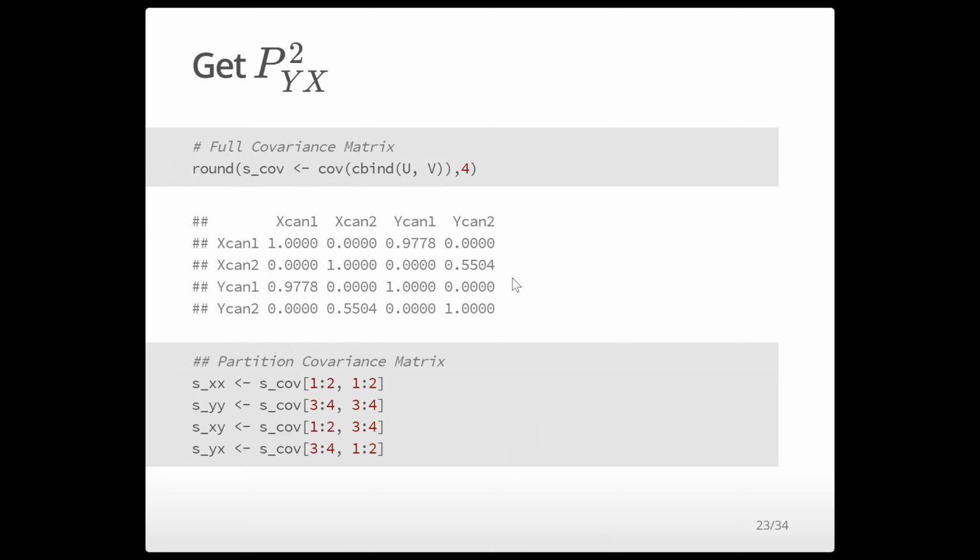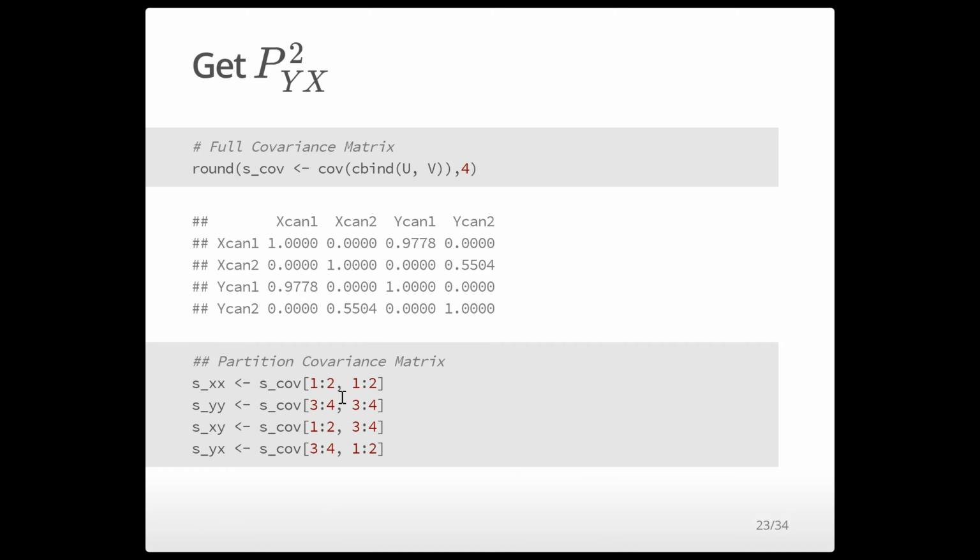So this is the covariance matrix between each of the canonical variates. Note that x1 is orthogonal to x2 and to y2. So the off variates are orthogonal, while y1 is correlated with x1 and x2 is correlated with y2. These are our canonical correlations, same thing up here.